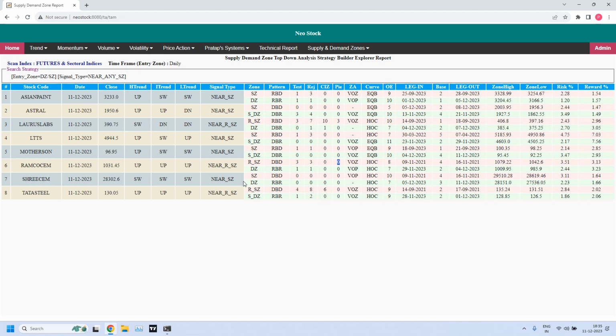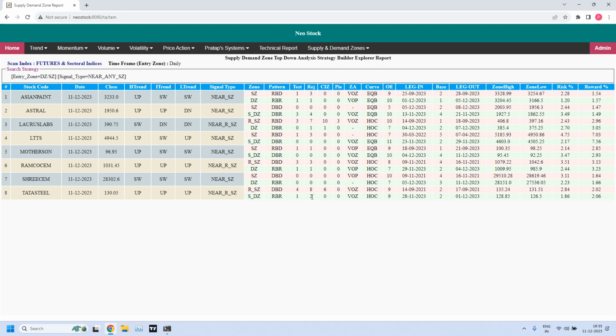Ramco Cement, and what else? We have one more, Tata Steel. Tata Steel is also tested 4 times. But Tata Steel has both a high liquidity supply zone and a high liquidity demand zone. Interesting. The supply zone already gave 4 tests and 8 rejections, and the demand zone 1 test and 2 rejections.